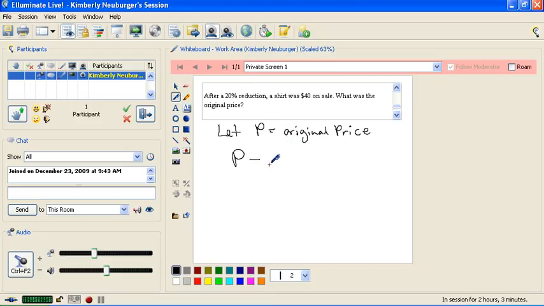And 20% as a decimal would be 0.2. So 20% of that price subtracted from the original price gave you the $40.